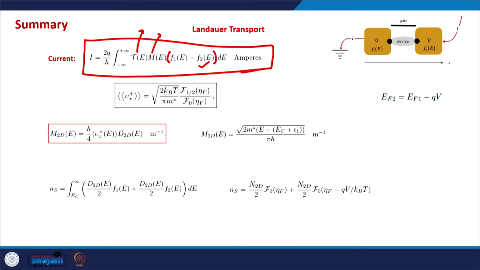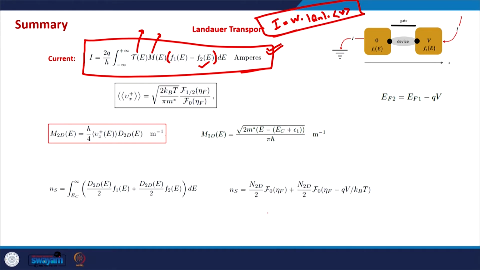Further, we saw that in our discussion of the MOSFET, this is a pretty general expression of the current. The second expression is W times average charge times velocity.